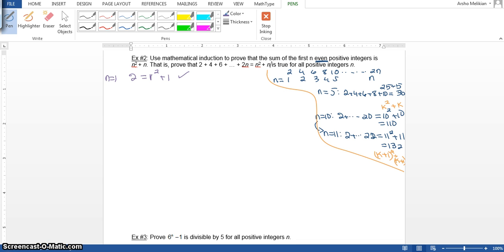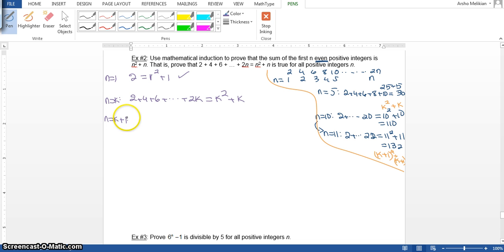Now let's see if it works for some random n equals k case. For this, what you have to do is just copy this over, switch all the n's to k's. So 2 plus 4 plus 6 plus 2k is equal to k squared plus k. Now the critical thing is the next step. For the next step, my n is going to be k plus 1.